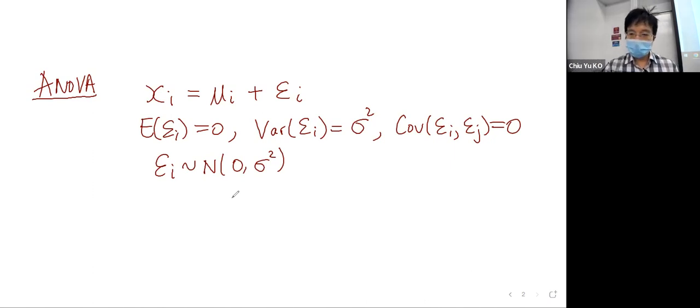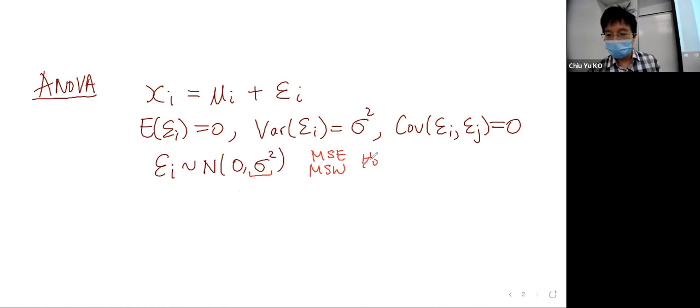And how we do this is to use different estimates of sigma square. We try to come up with different measures, based on MSE and MSW. If MSW is too large, then we can reject the null hypothesis that the mu i's are the same.